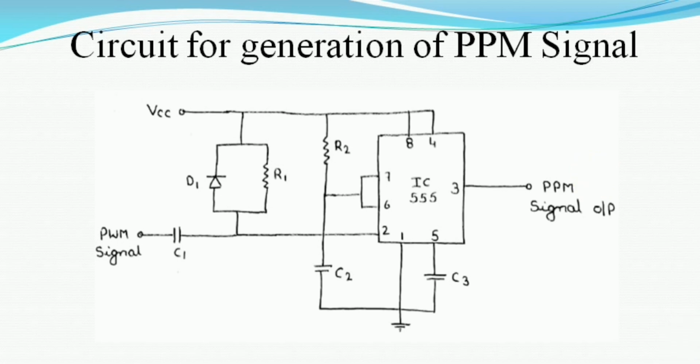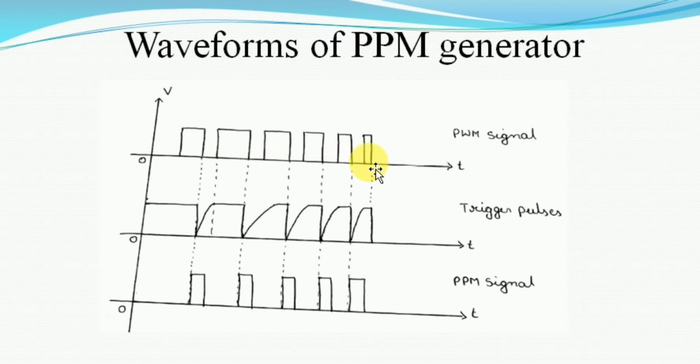Now let us see how the waveforms will be. Here this is the PWM signal that is applied to the capacitor. At the capacitor, we have a positive spike at the leading edge, and at the trailing edge we have a negative spike. Again a positive spike and a negative spike.